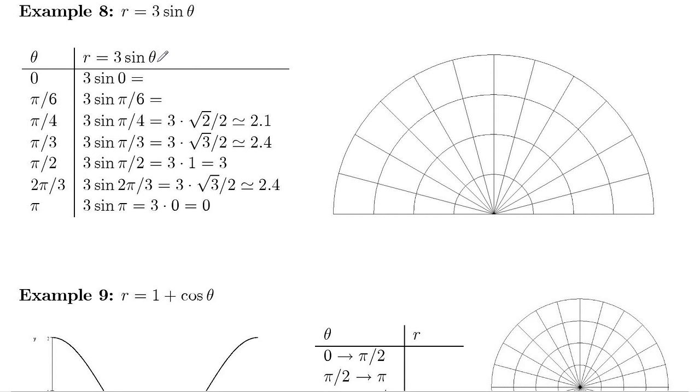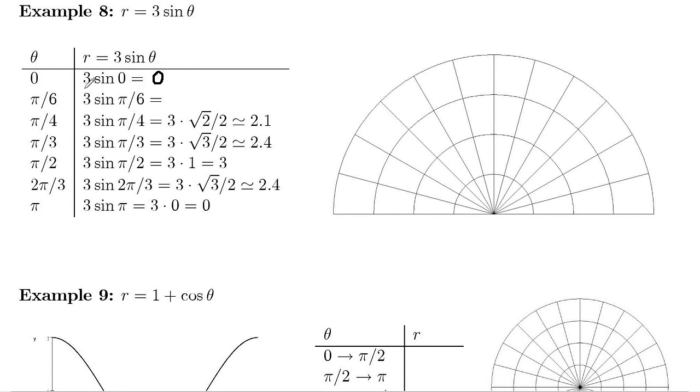Since we don't have a good idea in general of what polar graphs look like, let's start with the basics: pick theta values, and then plug in to get the r values. I picked theta as 0, pi over 6, pi over 4, pi over 3, pi over 2, 2 pi over 3, and pi. Theta 0: 3 times sine of 0 is 0.